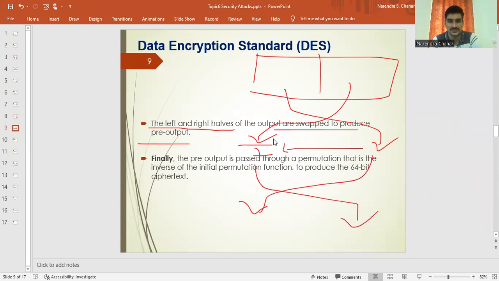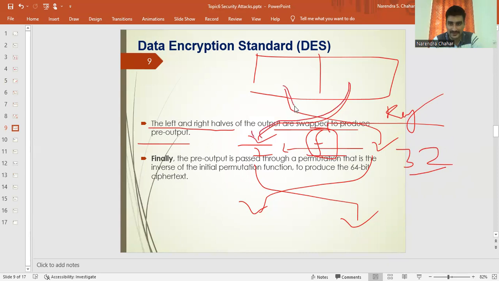Here is a function. This value is used in the function, and the key is applied here. The right 32 bits are processed with a mathematical function.